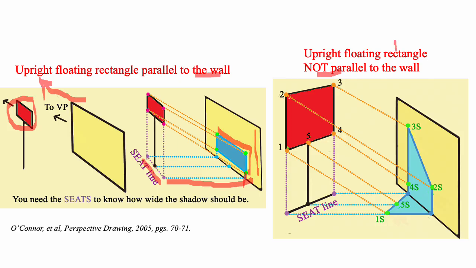Now, an upright floating rectangle, not parallel to the wall, I recommend numbering the corners. So number 1 here goes to intersection 1. Then for the rest of this vertical pole, the shadow travels horizontally and then vertically up to intersection 2.